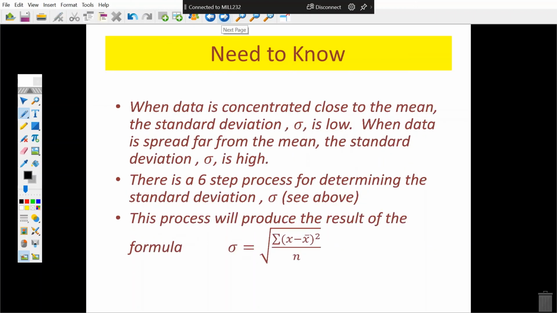When data is concentrated close to the mean, it means the standard deviation is low. When data is spread far from the mean, the standard deviation is high. So if the standard deviation is low, that means everyone's tests were right around the average. There weren't too many that were way higher or way lower. Everyone was sort of close to the mean.